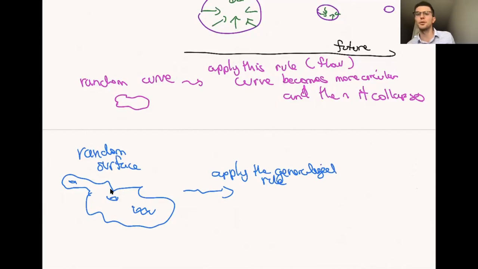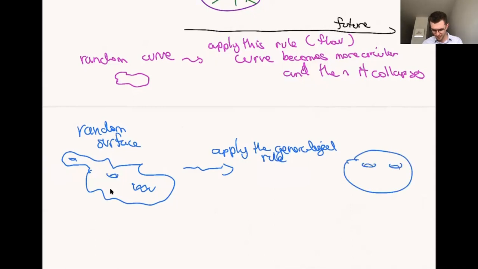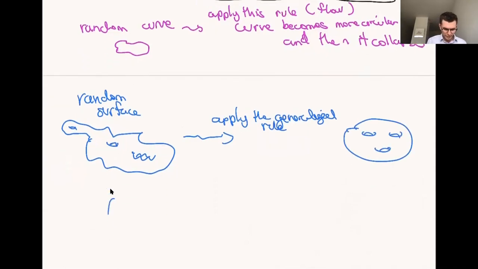The cool idea is that the property of having three holes somehow is not going to be destroyed by the rule. And so what this one would try to become is this more beautiful, perfect pretzel that we had drawn in the past.